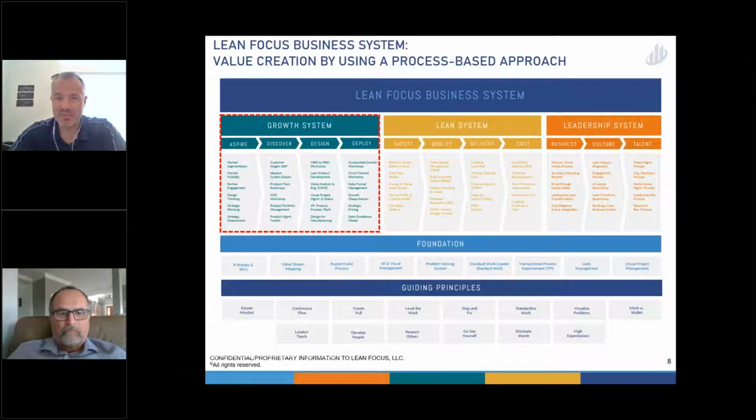These are the guiding principles, which was leg 2 of the pillar of a high performance culture. And then in the middle are the foundational tools that are function agnostic, meaning no matter where you work in the business, these tools apply as a way to help drive value creation across the business. So when you pull it all together, now you have a sustainable system by which to achieve and unlock sustained profitable growth inside of a business.